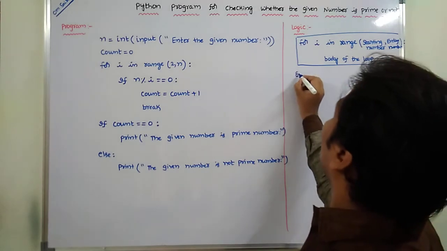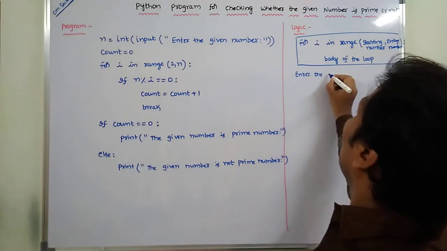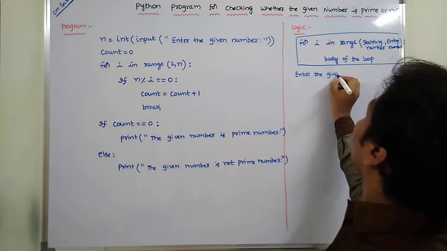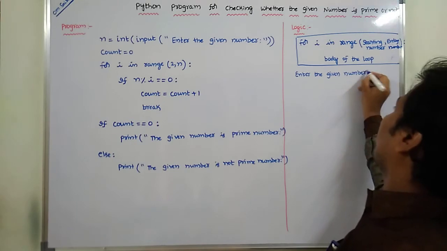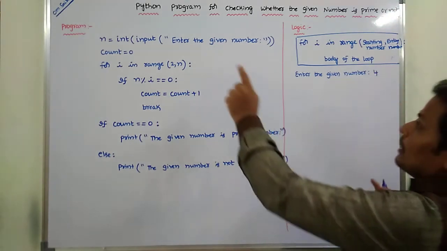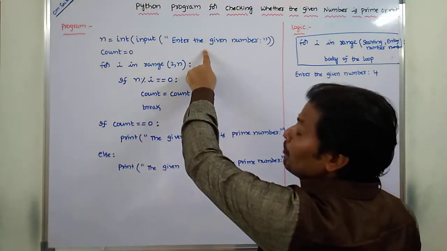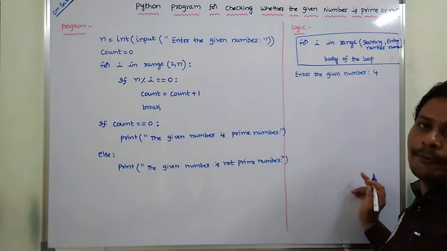Enter the given number. I am taking 4 for example. Enter the given number, that is 4. This 4 is read from the keyboard by using the input function.